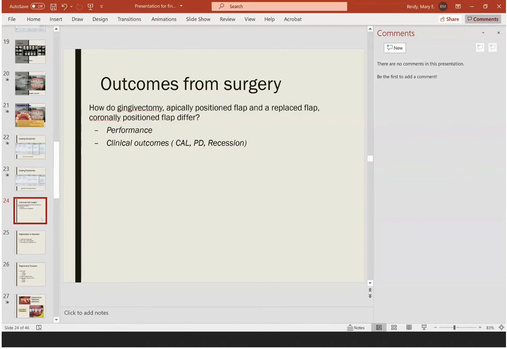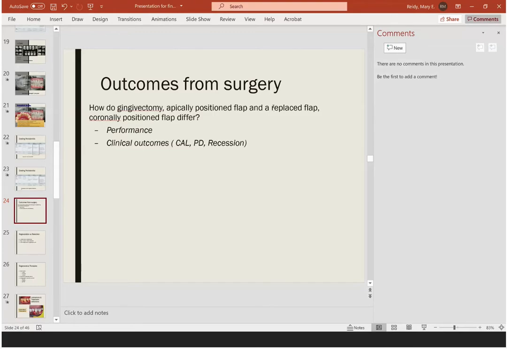Okay, so then moving on, you want to go over the outcomes from surgery. So what you would expect, and in terms of how a gingivectomy may differ from an apically positioned flap, a replaced flap, or coronally positioned.